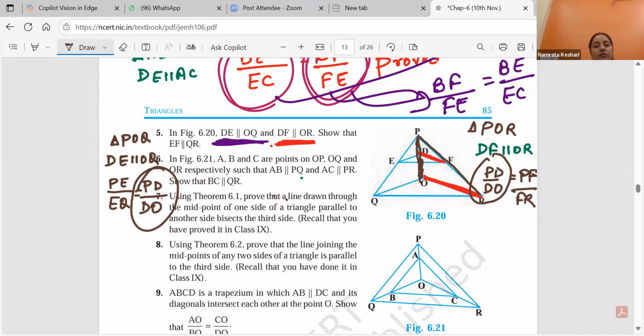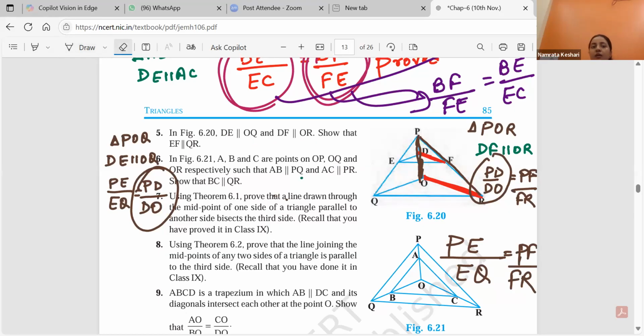By doing the comparison of both the ratios, we are going to get PE by EQ is equal to PF by FR. Yes or no? Right? But that we don't have to prove over here. Just see carefully in the figure. You have to prove that EF is parallel to QR.